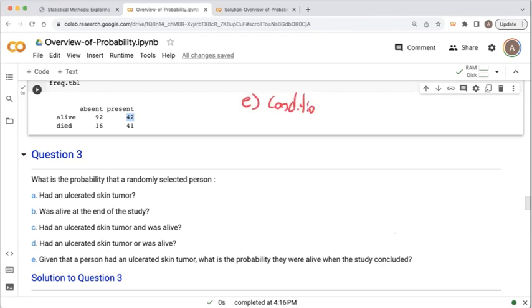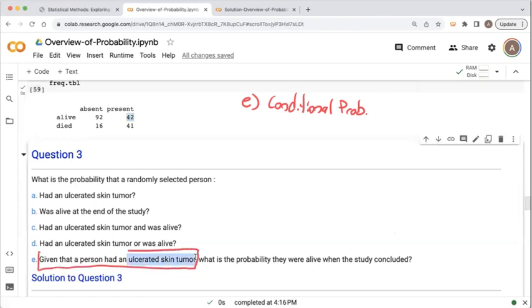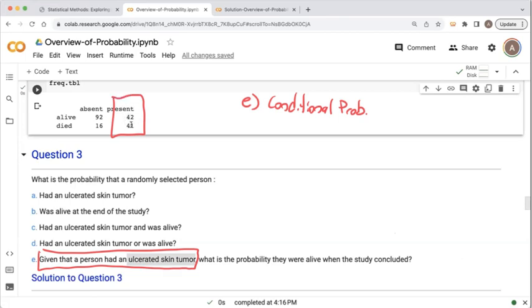Okay, and finally, this last question, E, this is what we call a conditional probability. And so we're no longer considering all people in this study, not all 191 people, but now we're considering the subset of people that had an ulcerated skin tumor. So that's just the people in this second column.